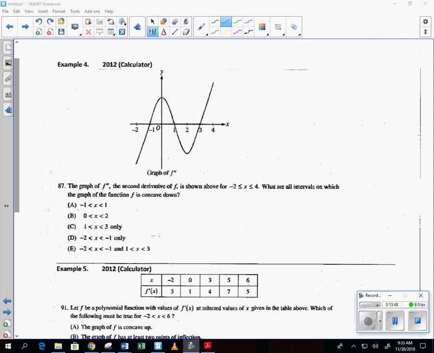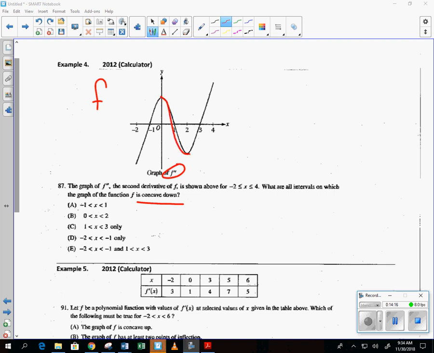Number 4. This one right here, we are looking at F double prime. Most important thing is when you get to the test, you recognize that you're looking at F, F prime, or F double prime. Well, it's asking about concavity, concave down. Now, a lot of people would say, well, it's going to be concave down here. Well, that would be if it was F, right? It's not F. So then people would be like, oh, well, concave down wherever the derivative is negative, so we're going to look from there to there.